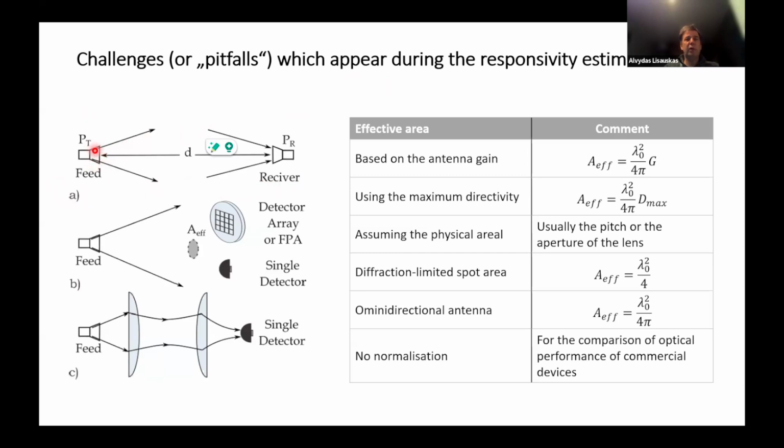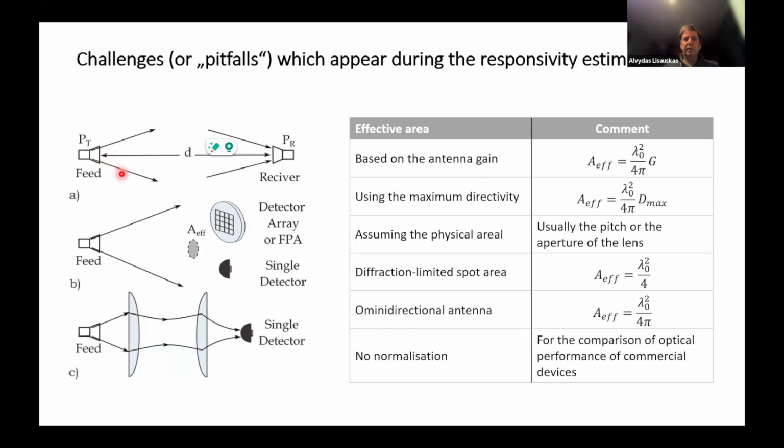You have your antenna with directivity, you radiate into space, and then you have your receiver, which sees with some specific directivity angle some cone of radiation from space, and you have this distance here. So it's the so-called Friis equation for transmitter and receiver for radiation of antennas.